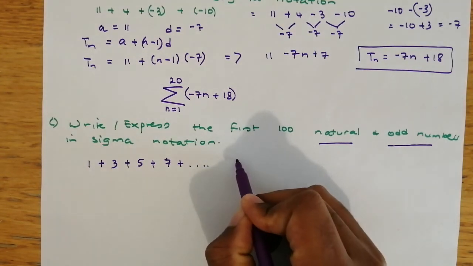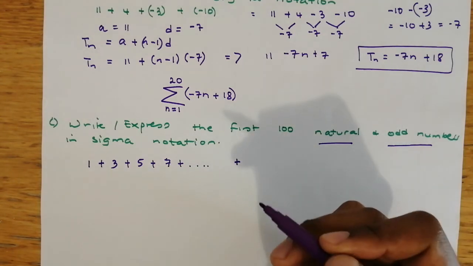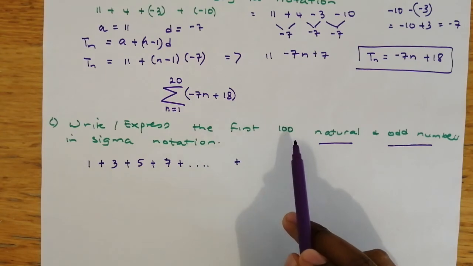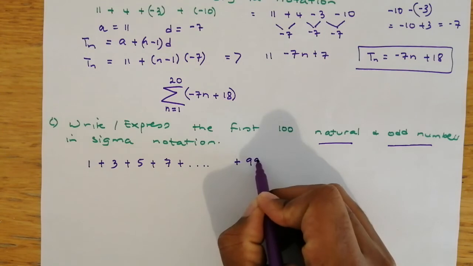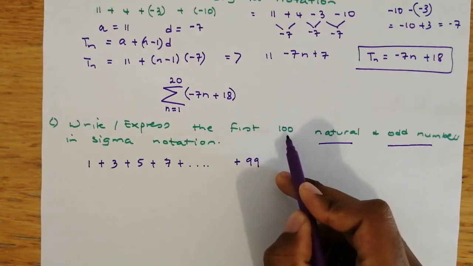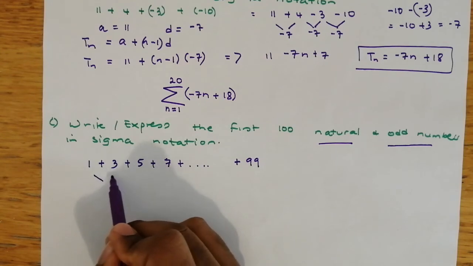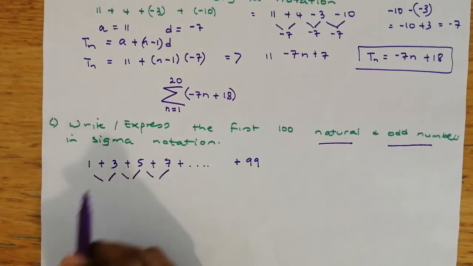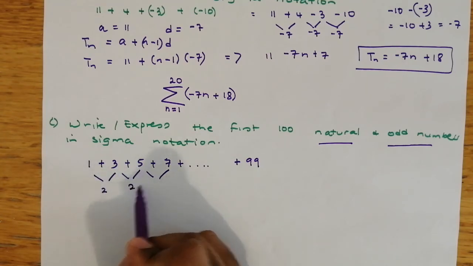You do not have to do this, but I just have to put it out there: for the first 100, the last number here is going to be 99, not 100, because 100 is an even number. This looks like an arithmetic series. 3 minus 1 is 2, and 5 minus 3 is 2.